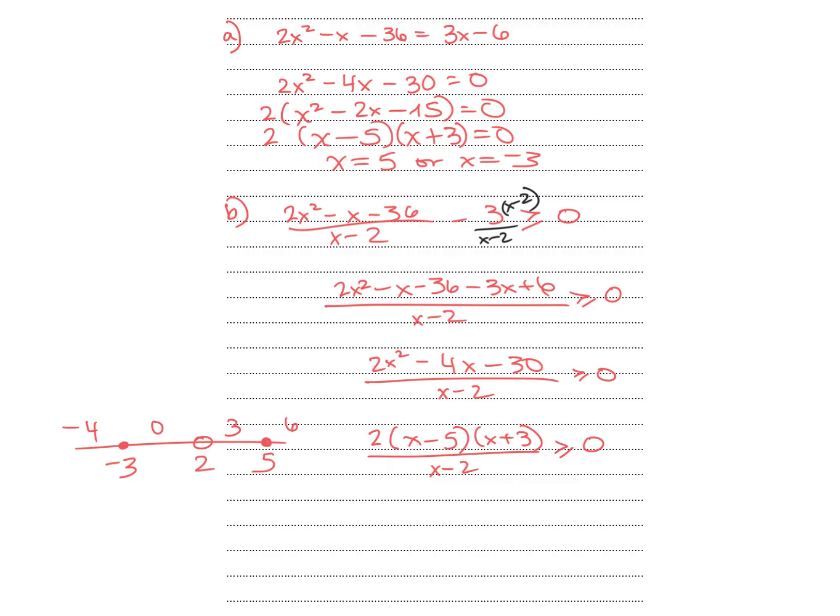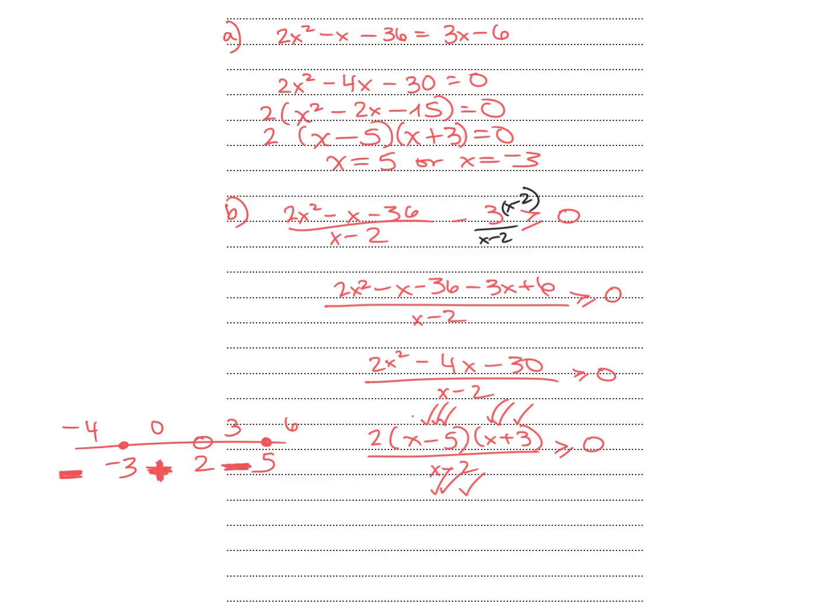So -4, negative times a negative, which is a positive, over a negative, so this is negative. 0 is going to be negative times a positive over a negative, so this is positive. 3 is going to be a negative times a positive over a positive, so negative.